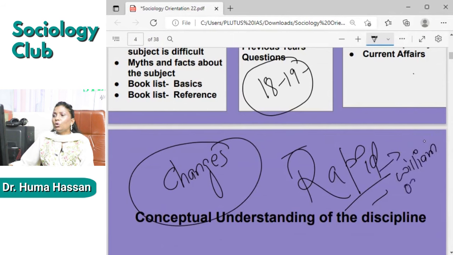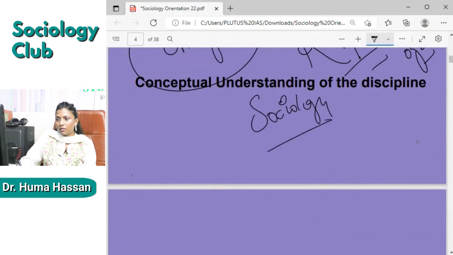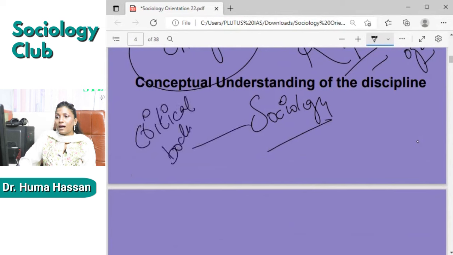Okay, so for conceptual understanding of the discipline, you need to see that sociology is actually a critical body of knowledge. Use better terms in your answer.